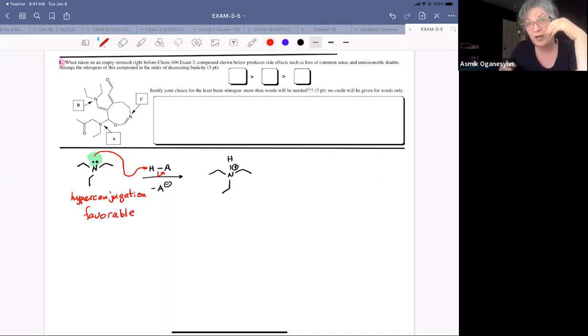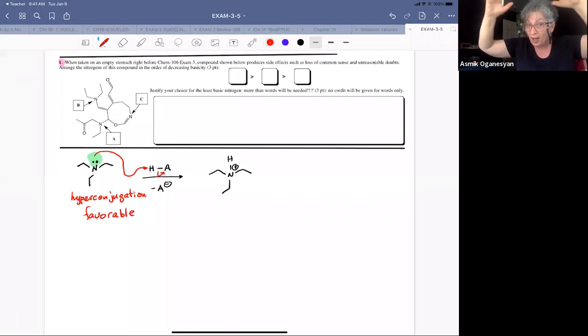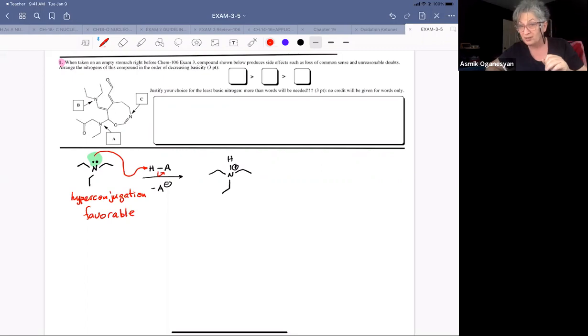And once we have the proton attached to the nitrogen, in that case, how this triethylammonium ion will be keeping that proton, the ethyl groups will close up around that proton, making a little cage for it.